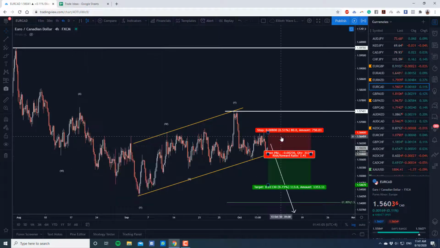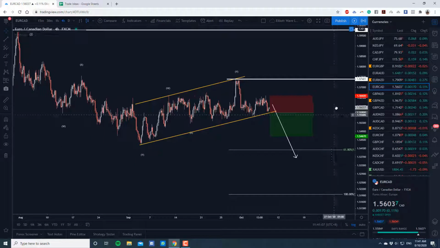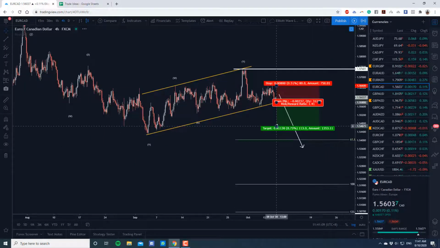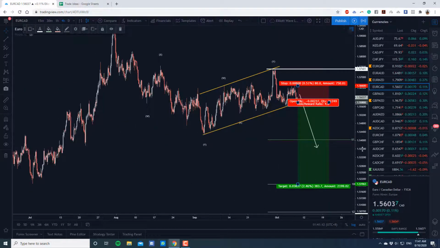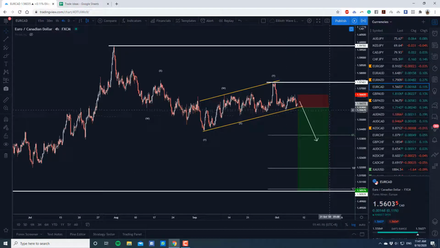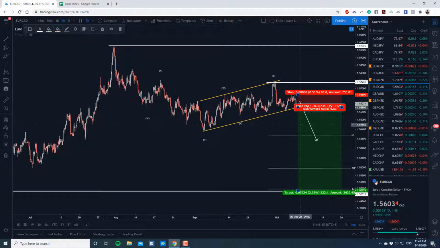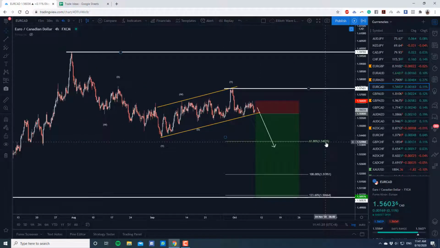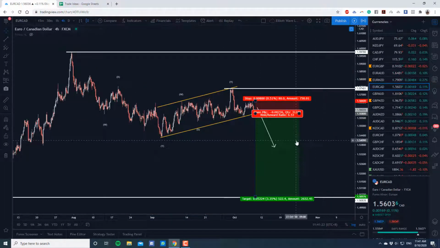That is an 80 pip stop loss, which on the 4-hour time frame is perfectly fine. With your target all the way back down towards this low, that's a risk reward of close to 1:6.5, a very decent risk to reward ratio.